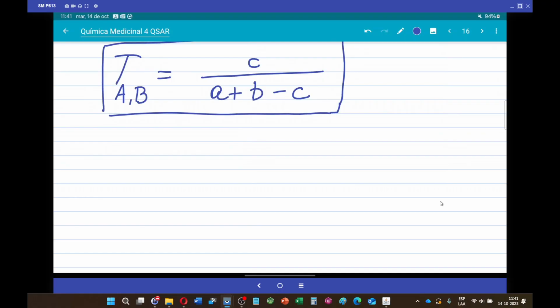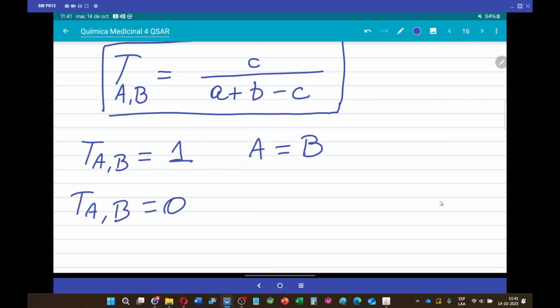The Tanimoto index for two molecules, A and B, tells us the following. If the Tanimoto index is 0, it means that the dissimilarity is absolute. That means they are two molecules so different that they have nothing in common.